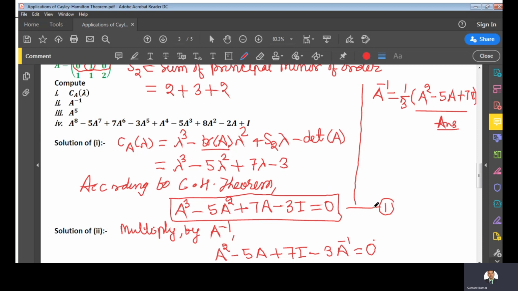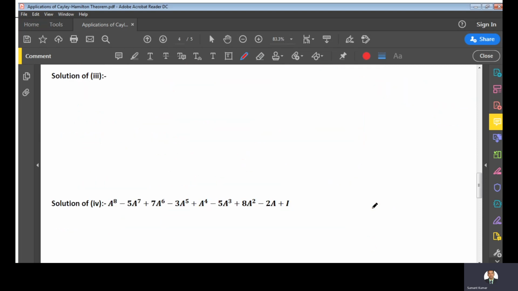So we will get A raised to the power 3 is equal to 5A square minus 7A plus 3I.